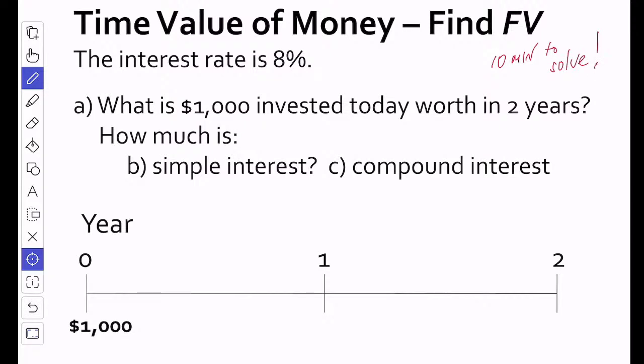So I want you to answer, what is $1,000 invested today worth in 2 years where the interest rate is 8%? I also want you to tell me what's the simple interest amount and what's the compound interest amount, okay? So I'll meet you here in 10 minutes.